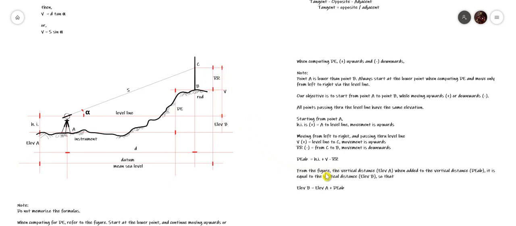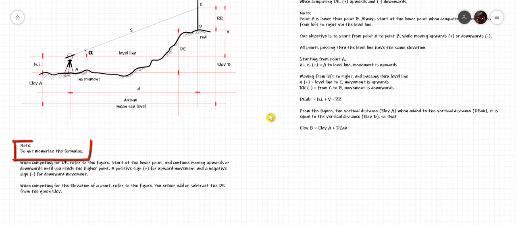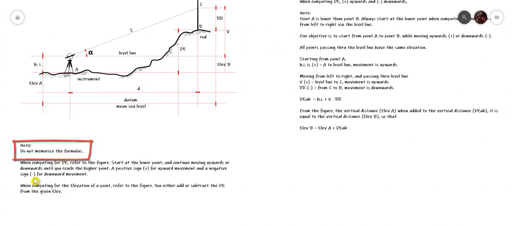From the figure, the elevation of A, when added to the difference in elevation DE, is equal to the elevation of B. Therefore, elevation B equals elevation A plus DE. Remember, do not memorize the formulas.